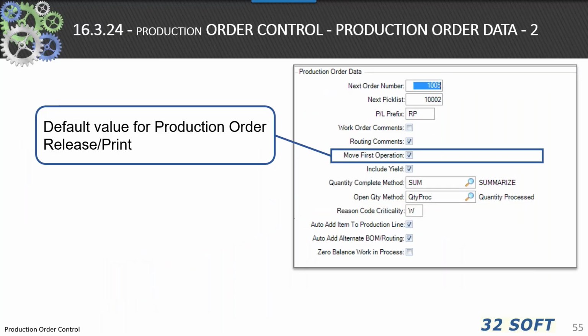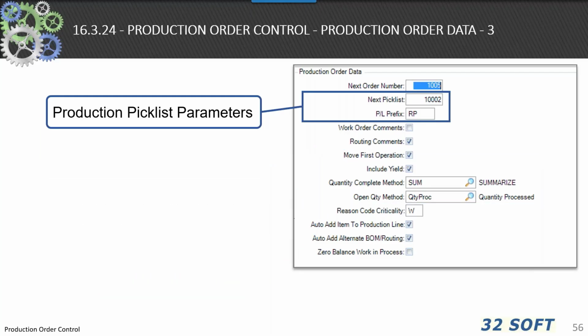The default of production order release, you can move it to first operation, probably a good idea to do. And you've got open quantity method, which determines how the system calculates an open quantity for a production order. This can either be a quantity processed or a quantity completed.